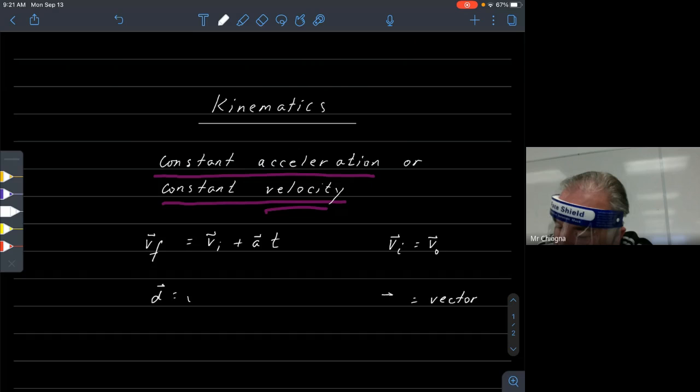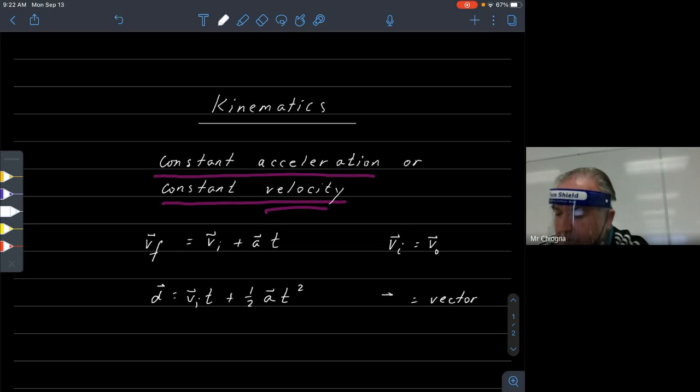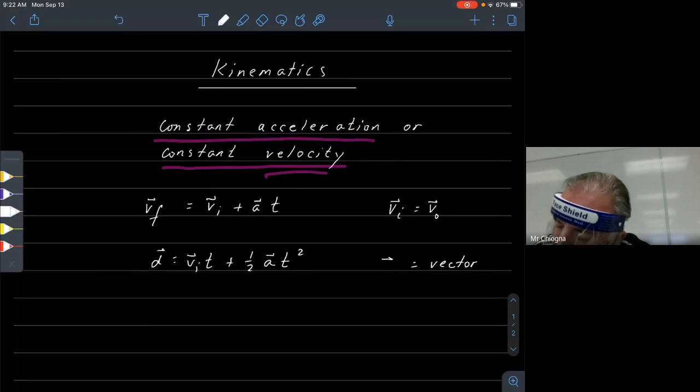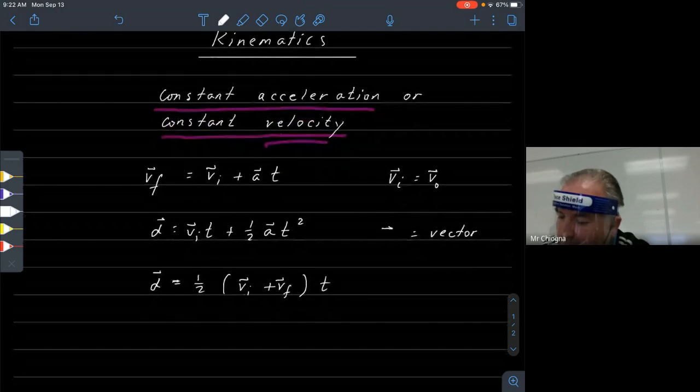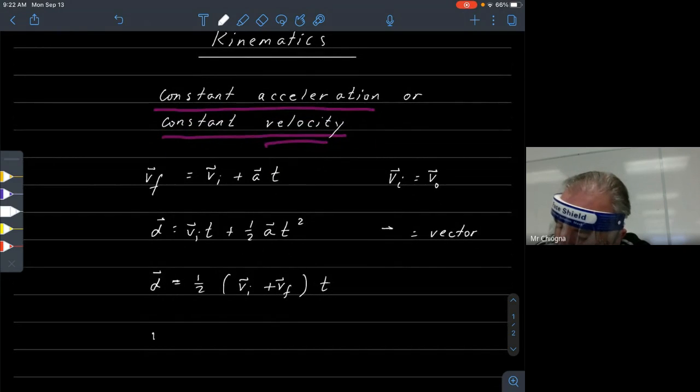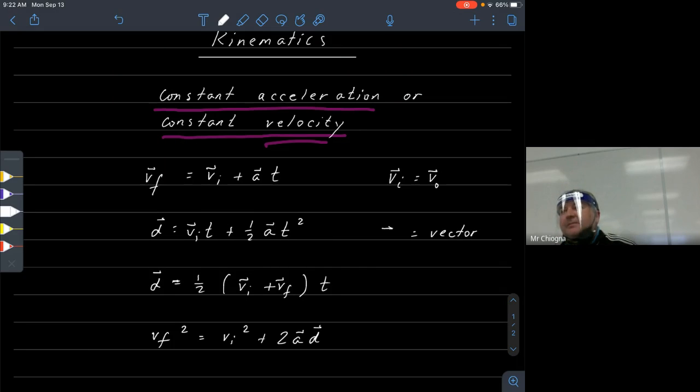Again, in no particular order. So those are your four equations.